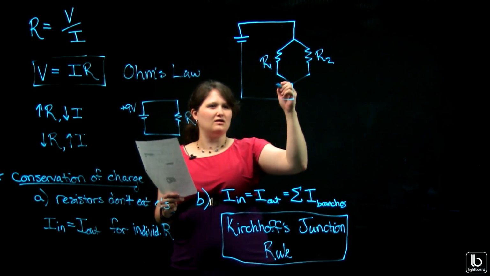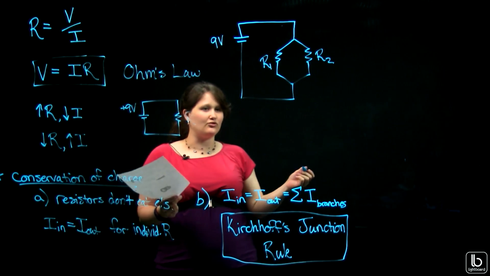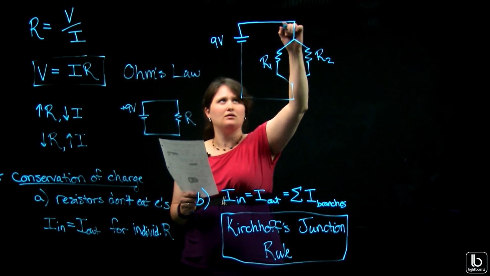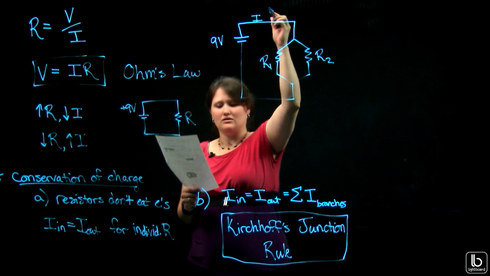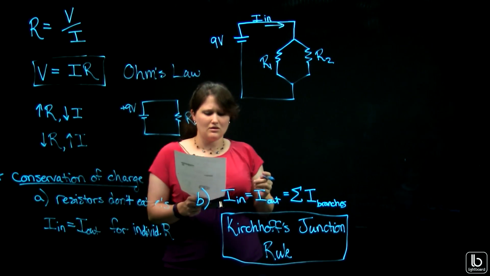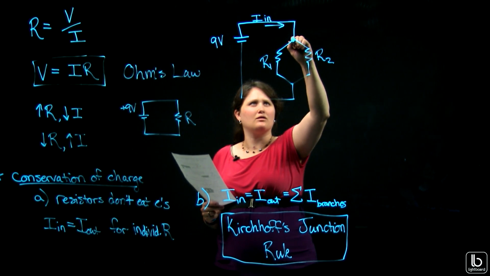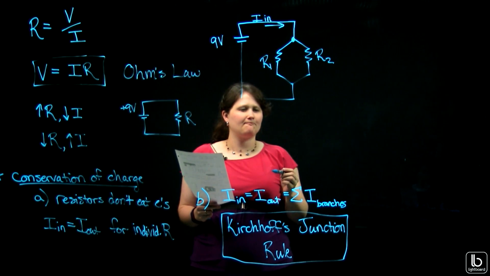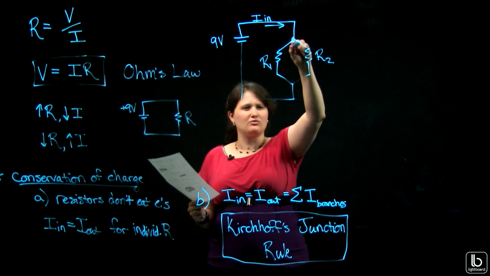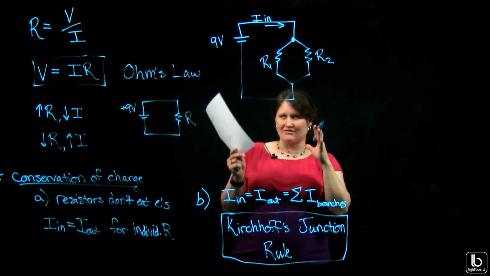So again, I'm going to say that I've got this 9-volt battery, and I've got current coming in, but what happens to that current when I get right here? If I have a single electron, a single charge, can it go both ways? Conservation of charge says it can't. I have to pick one route.